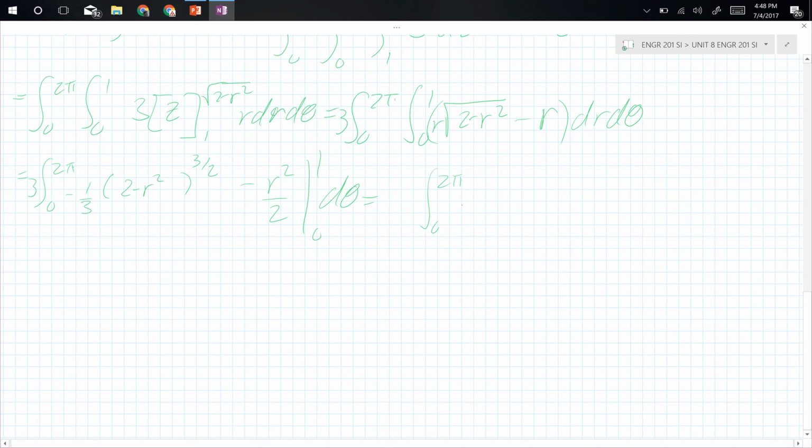So then I'll have a negative 2 minus r squared, 3/2 minus r squared over 2, and this is times 3 since I multiplied that 3 throughout.